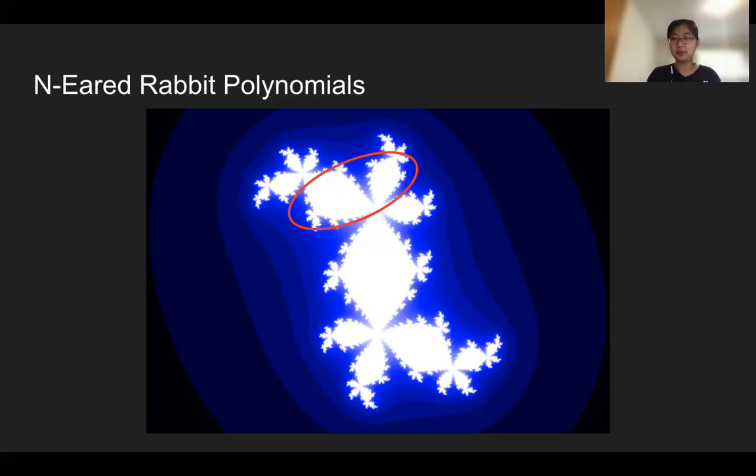And now, given this rabbit, you can imagine that there are more twists and more modifications you can do. And we want to classify, what are all the homeomorphisms that you can compose with? And it turns out that all the homeomorphisms of the complex plane fixing the post-critical set are generated by just compositions of these twists around these ears.